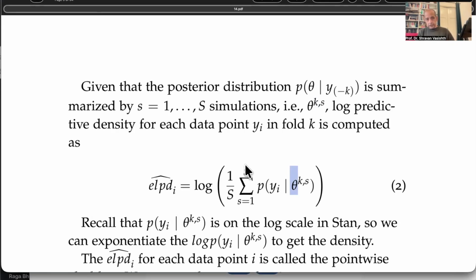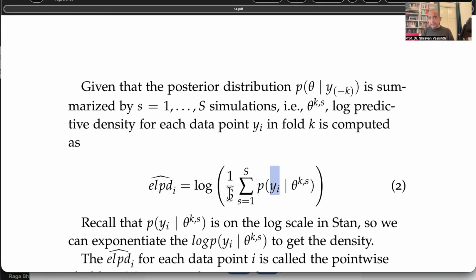You're going to do this summation 4,000 times, for every single data point. I'm talking about a single data point in the held out data vector. For that single data point, we take all the samples we have from the posteriors and compute the likelihood for that data point for all those values, sum them up, and then divide by the number of samples.